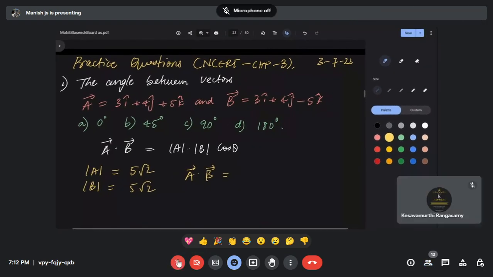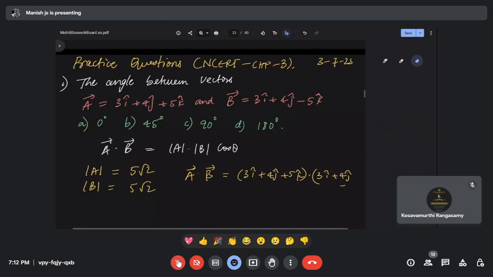Yeah, so vector A dot vector B. You can directly start using that relation, wherein you have 3i plus 4j plus 5k. So dot this. You need to find out the dot of this. Here we have minus 5k.